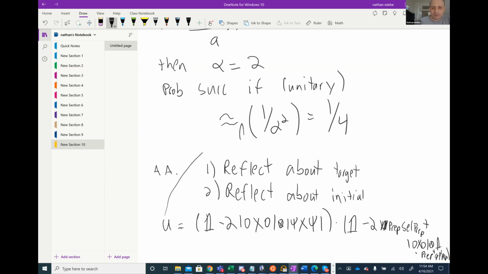And applying this to our block encoded unitary will mean that we will end up applying e to the minus i H ln 2 over A with probability approximately equal to 1.